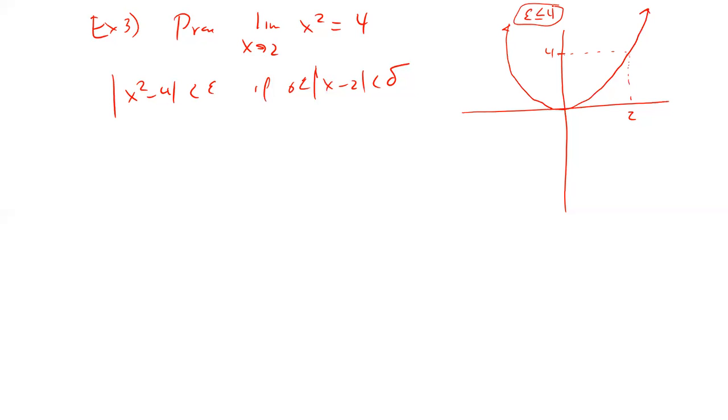So if I choose an epsilon less than or equal to 4, that makes my delta a positive value. Everybody agree there? Because if I go down to here, that's going to be 0. If I go up, that's going to be 8. So I spread it between 0 and 8 as the widest this could be.